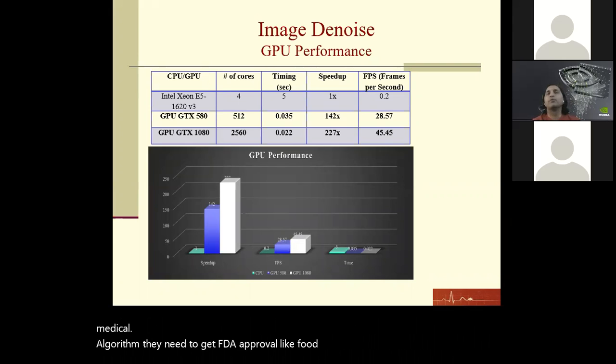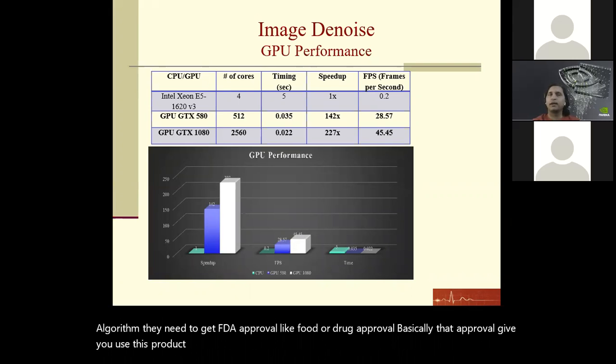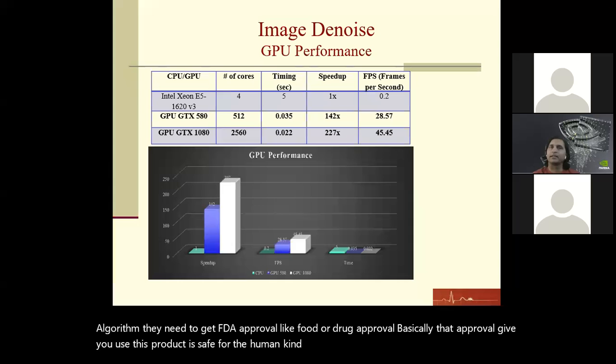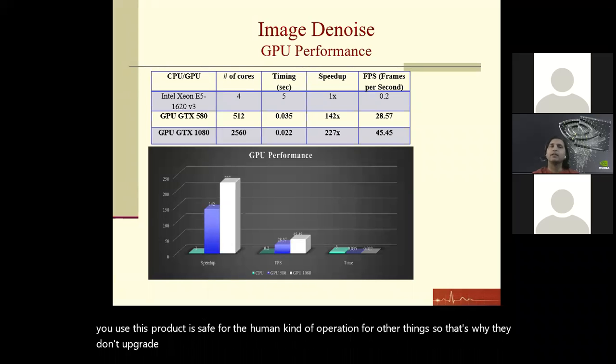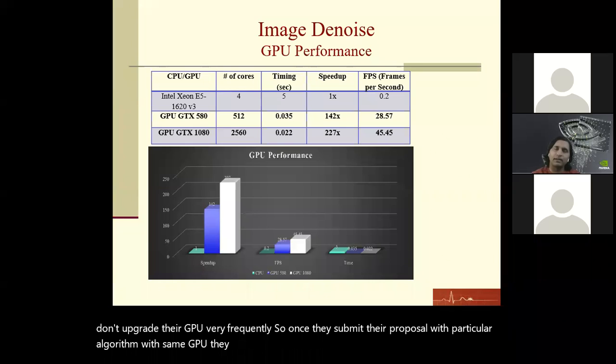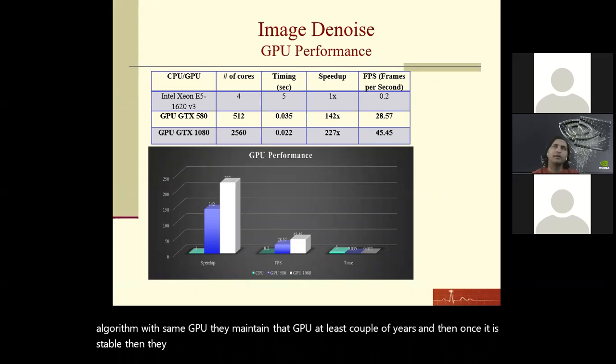That approval says the product is safe for human operations and other things. So they don't upgrade their GPU very frequently. Once they submit their proposal with a particular algorithm on the same GPU, they maintain that GPU for at least a couple of years, and once it is stable, they can upgrade their algorithm. So here I'm using a 2 or 3 year old GPU.